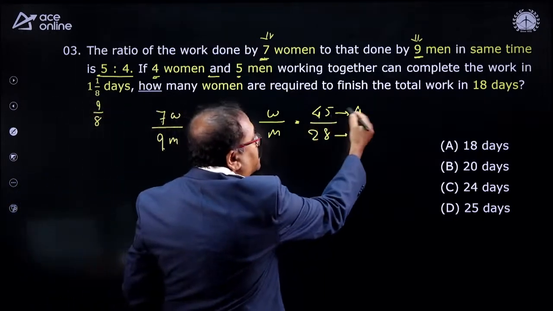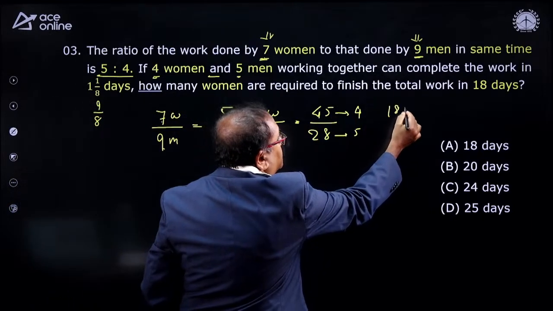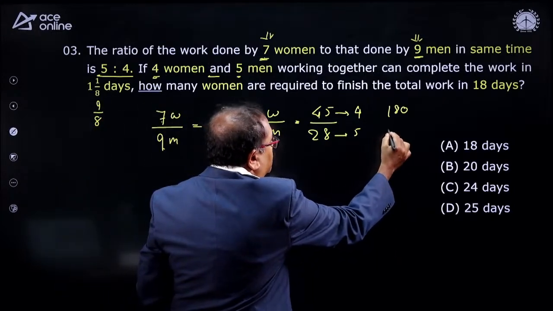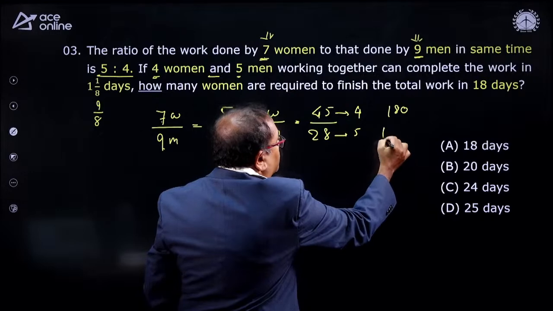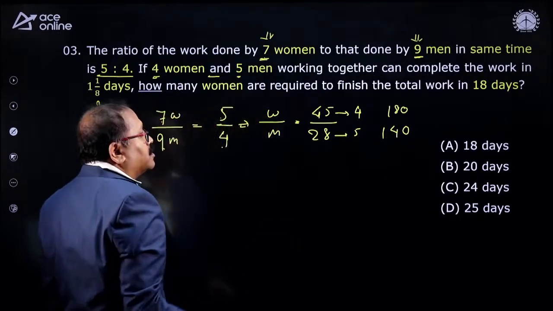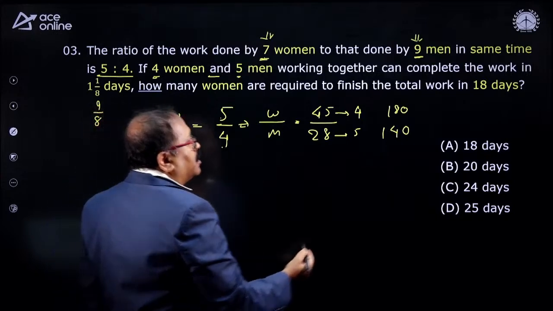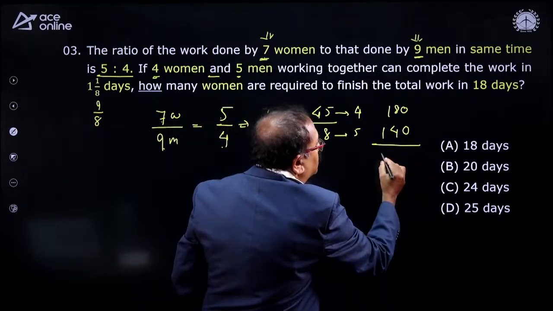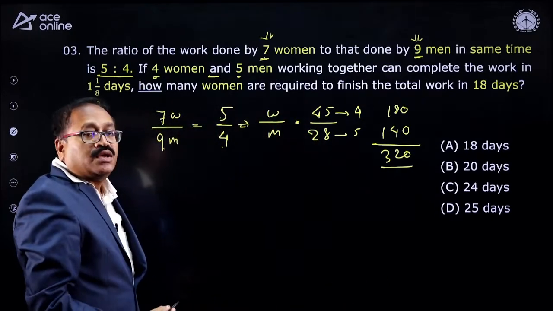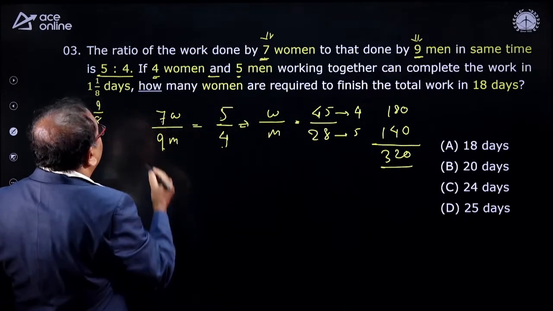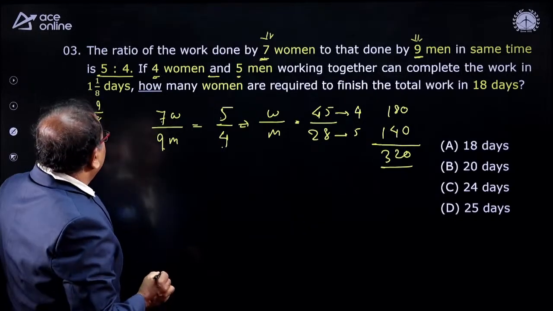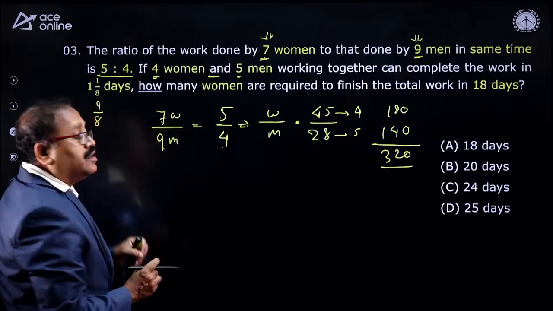Total efficiency is 45 into 4, 180, and 28 into 5, 140. Am I right? 5, 8, 40, carry 2 and 2, 10. So I notice that the total is 320 units of work. And this 320 unit work is completed in how many days? That's 9/8 days.